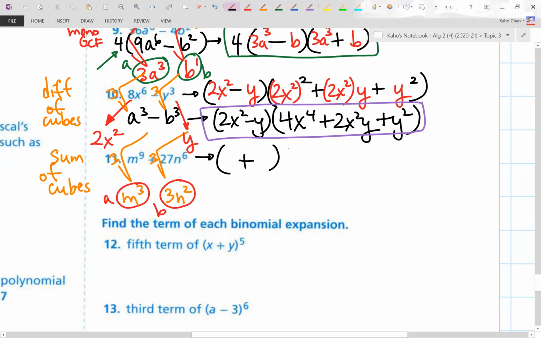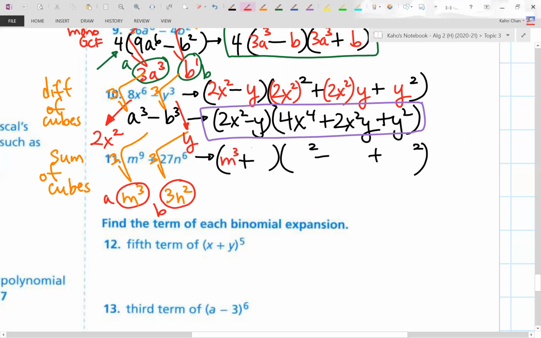A plus b times a squared, minus ab, plus b squared. All right, let's put those numbers in.